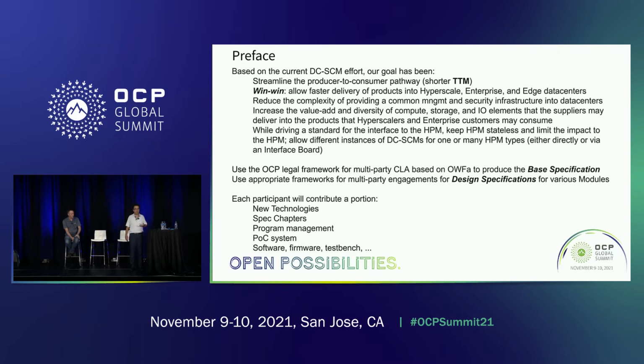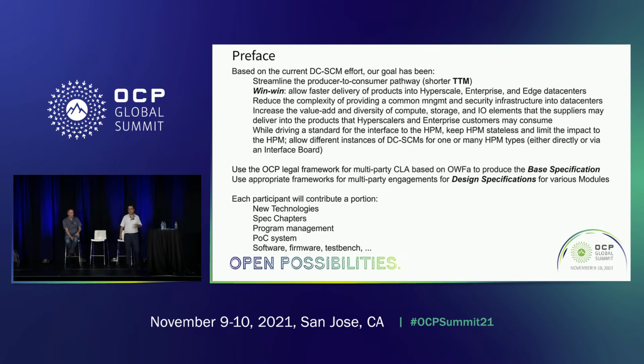Suppliers, whatever they build based on a reference design, could sell it to multiple end users, and end users would have the choice of selecting from multiple suppliers. So that was a win-win, and once the system is complete, it can be deployed into data center faster. When I say data center here, I mean hyperscale, enterprise, or edge data centers. All of those are important to us.